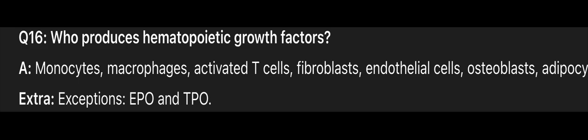So the hematopoietic growth factors are produced by monocytes, macrophages, activated T cells, fibroblasts, endothelial cells, osteoblasts, and adipocytes. The exceptions are EPO and TPO.